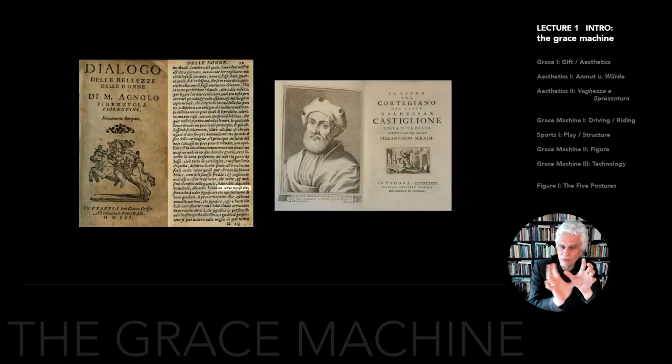Now let's try to understand what this indeterminacy is. It's quite a beautiful book, Della Bellezza della Donna, from Angelo Firenzuola. I think we're talking about the 1540s. I'm not exactly sure, but it does speak about un certo non so che. I highlighted it on the left.